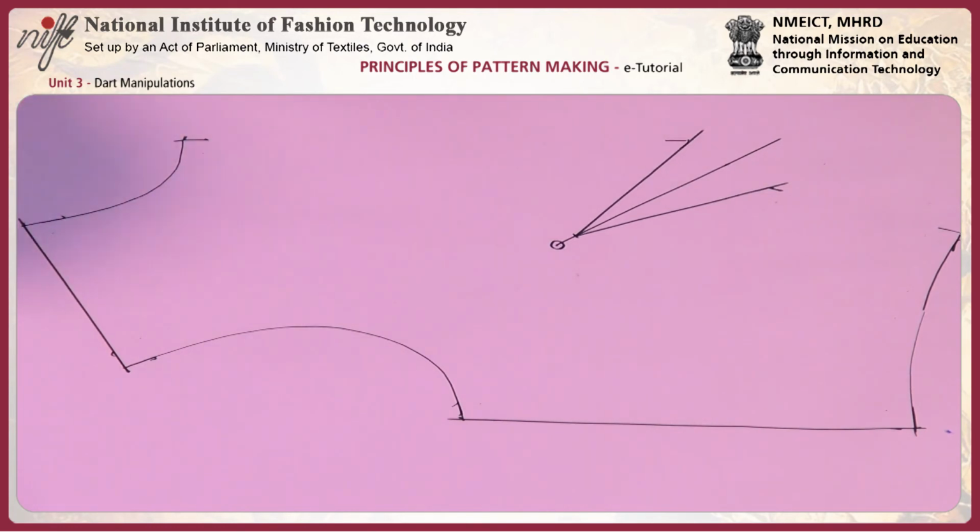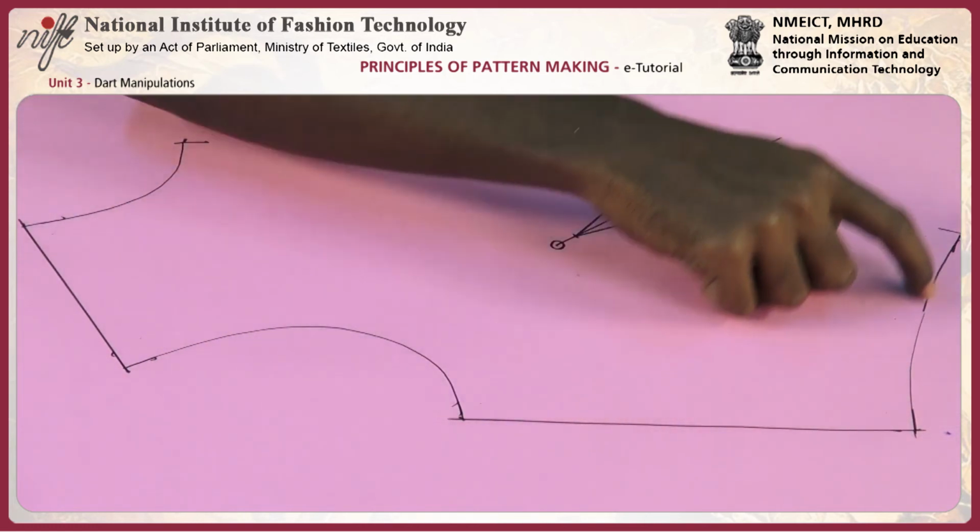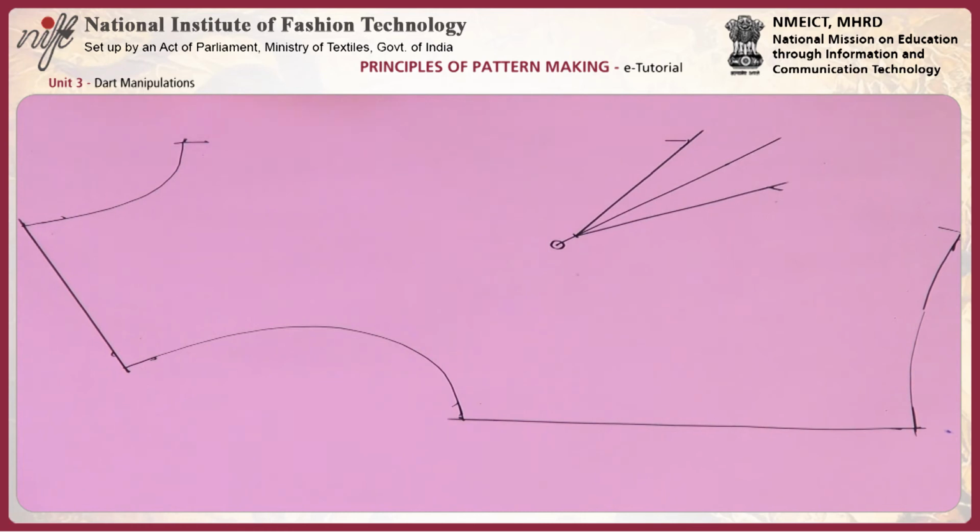Now we can cut the pattern. Cut the neckline, shoulder, armhole, side seam and waistline, except the center front line.